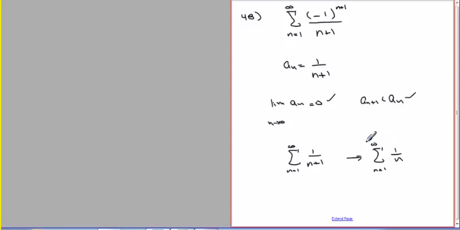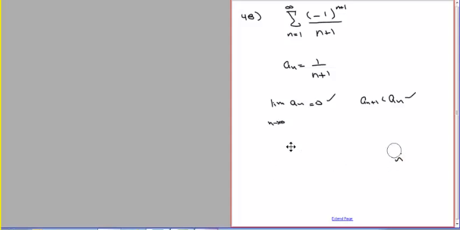The direct comparison says if this is always greater than that, and this converges, then that converges. The problem there is that this one actually does not converge, because if you go and look at a p-series, that's n to the p, with p being 1, and it diverges if p equals 1. So from that, we would say that diverges. That really doesn't help us any.